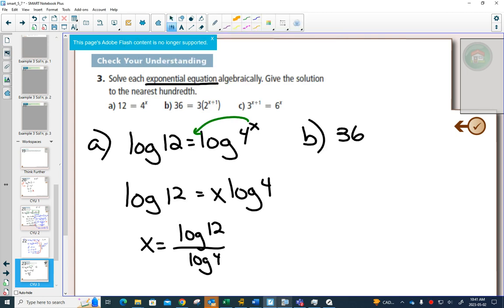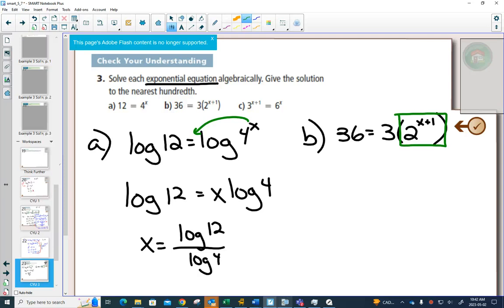For B, I mentioned in the last question, if you can simplify things, or sometimes it's easier to tell students, if you can get the power by itself, your log laws will be easy. It's not wrong, and some students will take the log of both sides right at the beginning, okay?